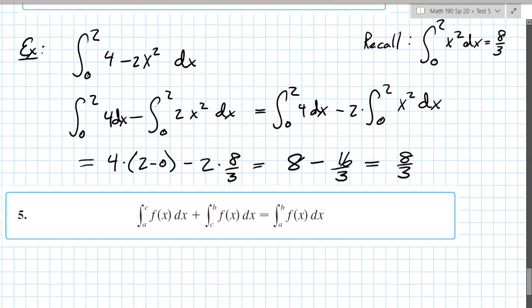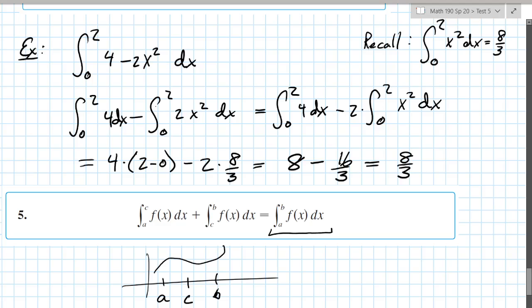Next, we have property number 5, which says that if we've got the integral of f of x from a to b, we could split it up and stop at c along the way. So here's our integral. Here's a, here's b, and here's c.